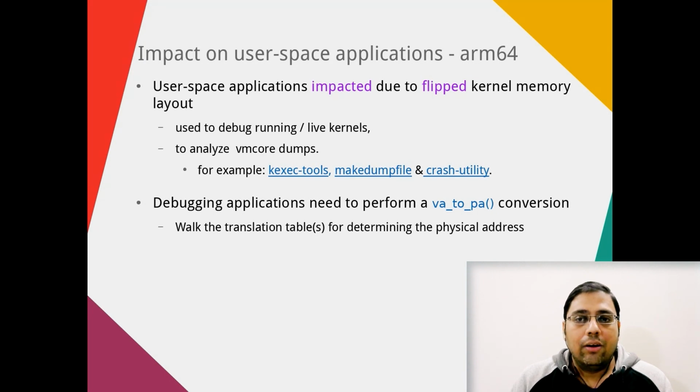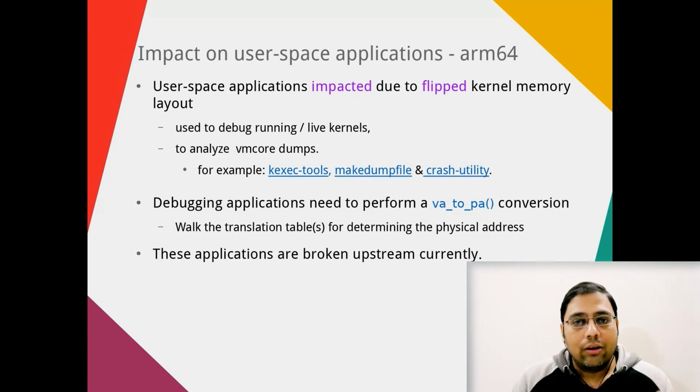So for example, they also need to do a translation table walk to find out the offending crash location. So similar to the kernel space, these utilities should also modify their translation table walk code if they are being run on kernel version greater than 5.4.